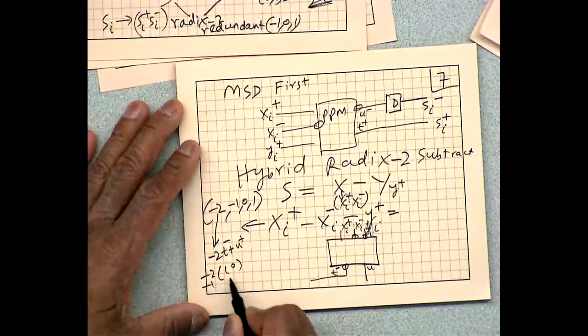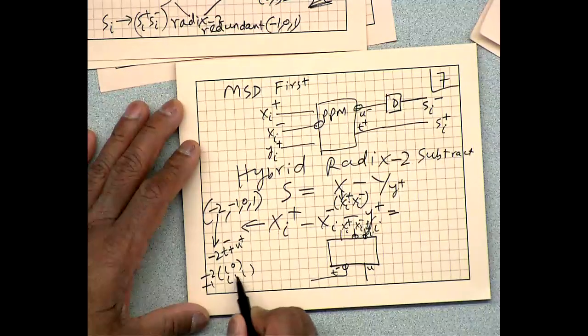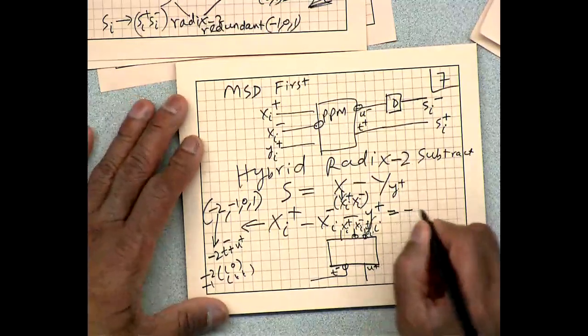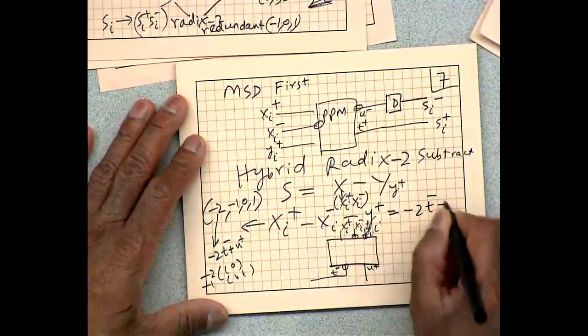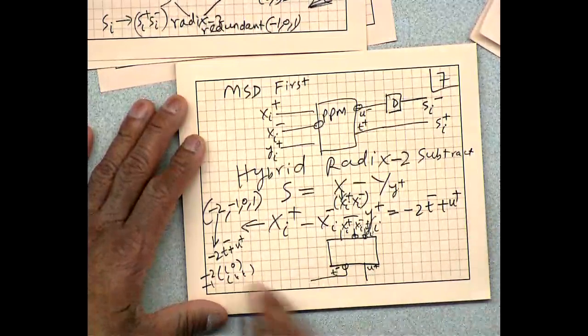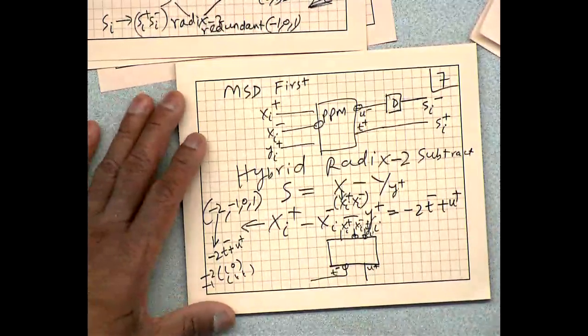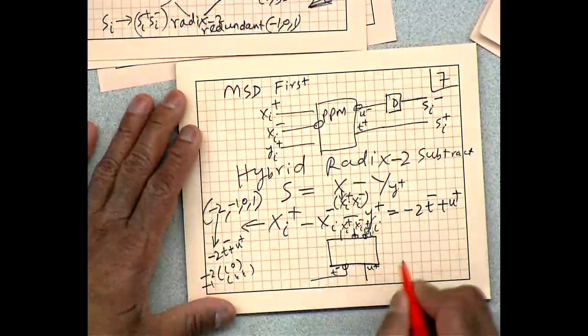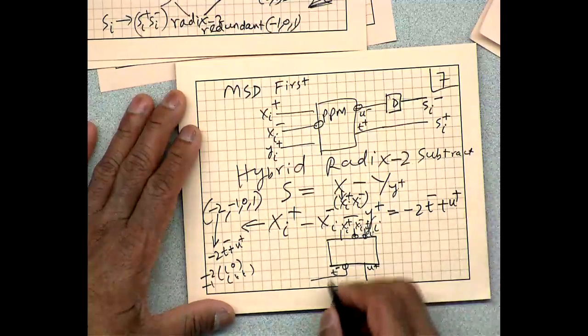Minus 1 will be 1, 1. Minus 2 plus 1 plus 1. So u is going to be positively weighted. So I can then write this as minus 2t minus plus u plus. So the transfer going to the other side becomes negatively weighted. And how do I then have the sum digit? Well, I could call this ti plus 1.